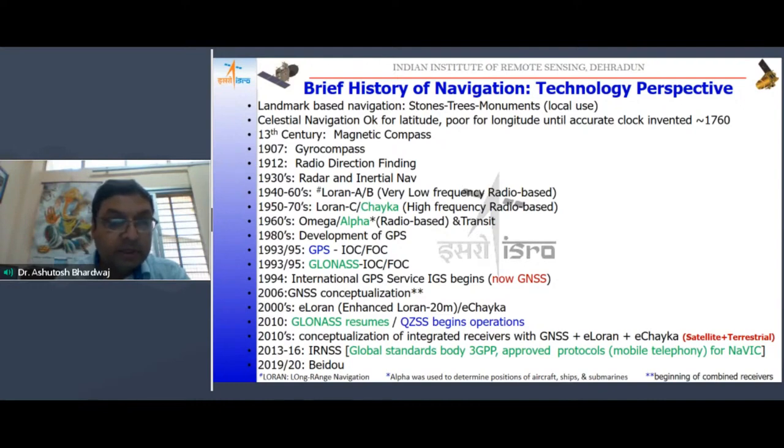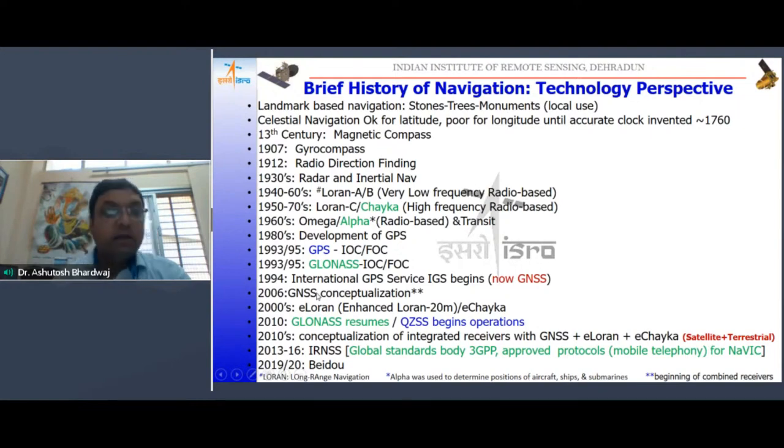But thereafter, two SIM card mobiles came. So in the same mobile, you can put the BSNL and the Airtel, and you can carry the two systems in the form of one mobile only. The same thing happened with GNSS in 2006.